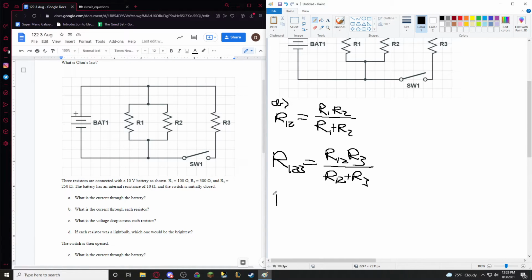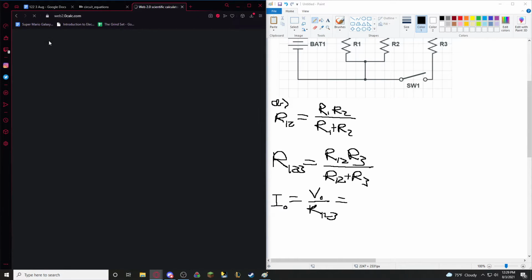So the total current, which we'll call I naught, the current through the battery, is equal to V naught divided by R123. And we can go ahead and calculate values.